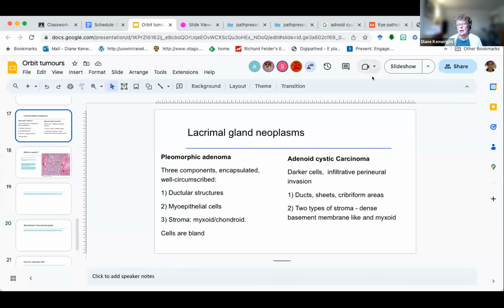Finishing orbital. Looking at the schedule. Yep. So the schedule, we're going to continue doing orbit tumors. And where we were up to was lacrimal gland neoplasms. So back to here, I'm going to share my screen again. Let's go on to presenter mode. Share slideshow.